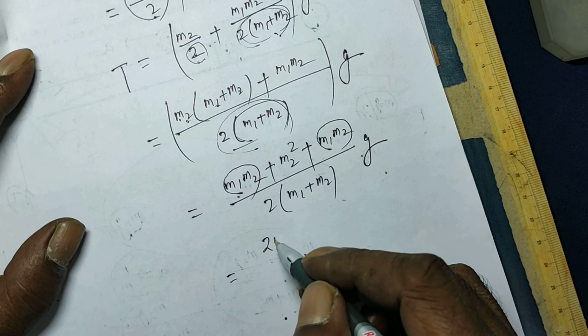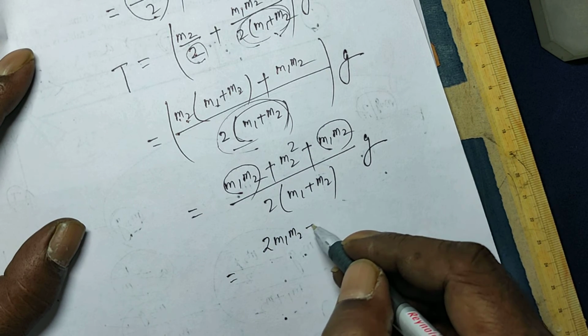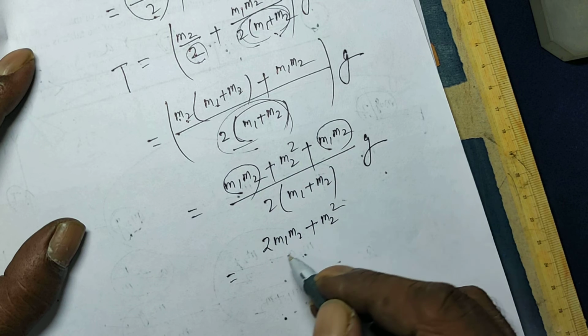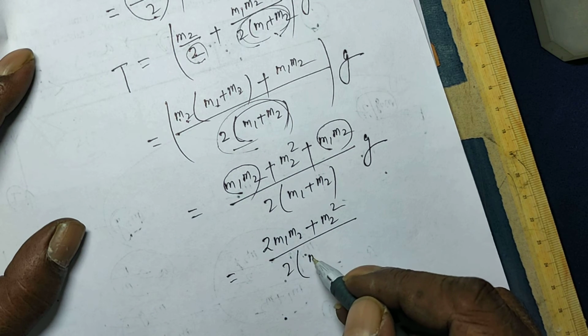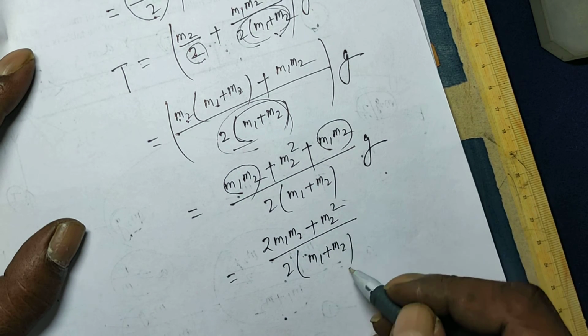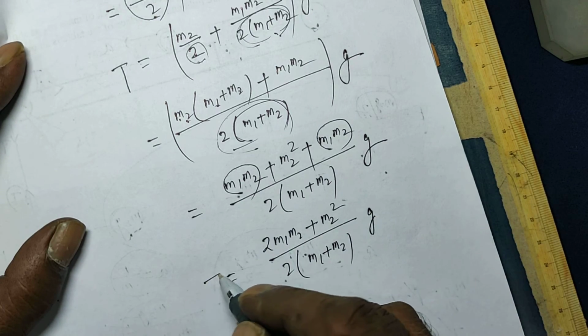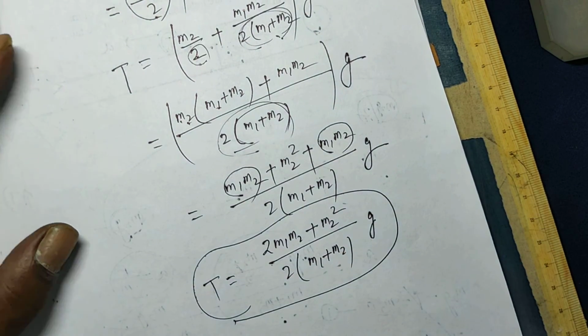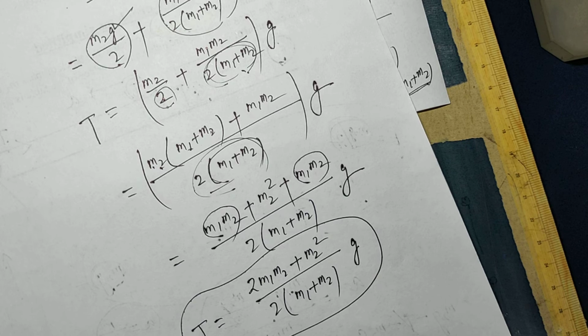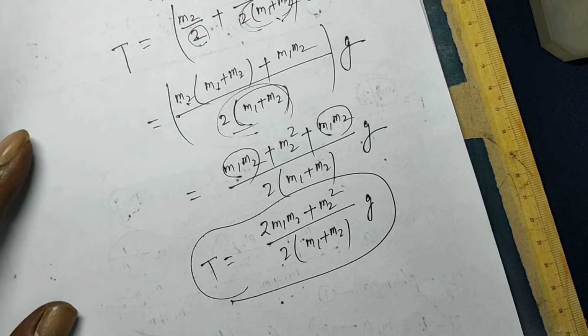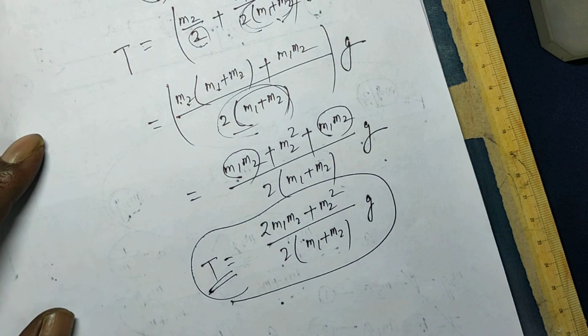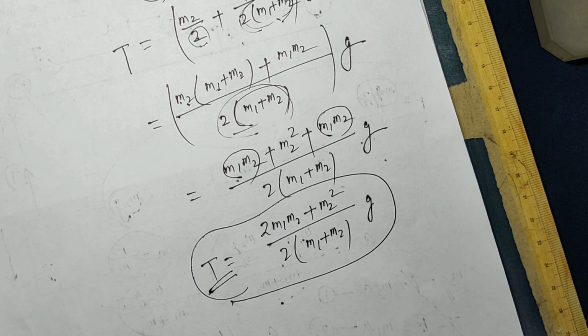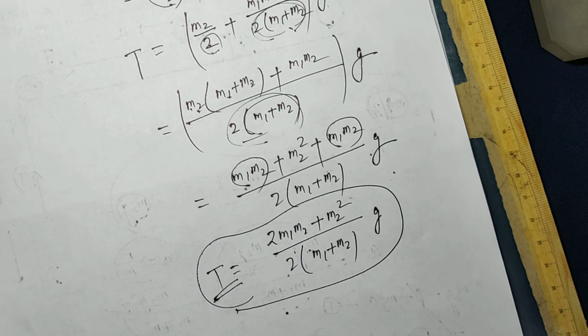So 2 M1 M2 plus M2 square over 2 times M1 plus M2 whole into G is your value of tension. In the numerical, we are not asked to find the value of tension, but I just found it for you. So that is all about it.